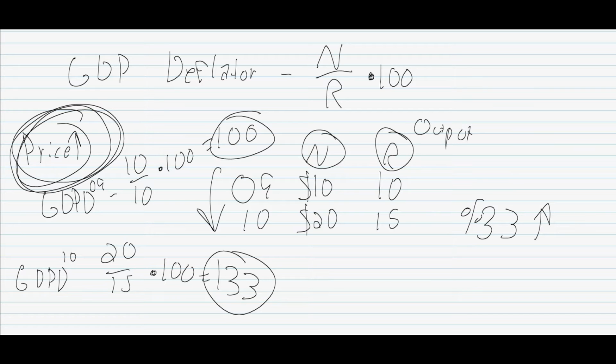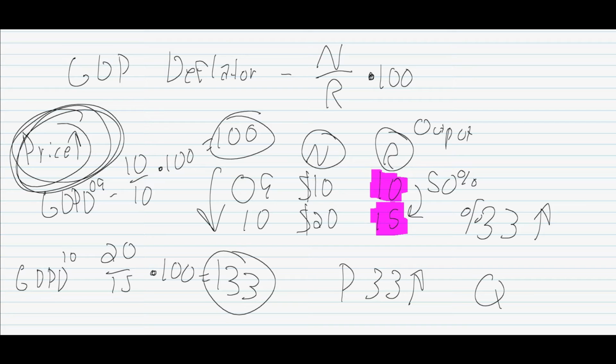But let's look at this. Real GDP, we already said that's the output, right? This 10 to this 15, that's the change in output. So output increased by 50%, because half of 10 is 5, 5 plus 10 is 15. So prices increased 33%, and output increased 50%.